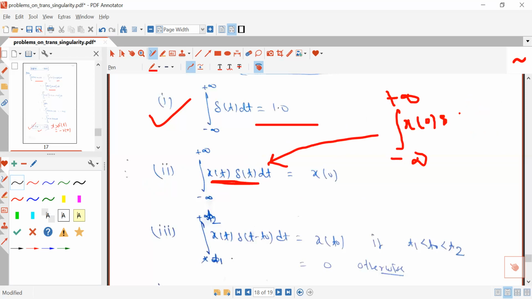Because other than t equal to 0, already you know that this product will be 0, because delta t is 0 everywhere except t equal to 0. So this product indicates you are going to calculate the integration of this product only at t equal to 0.